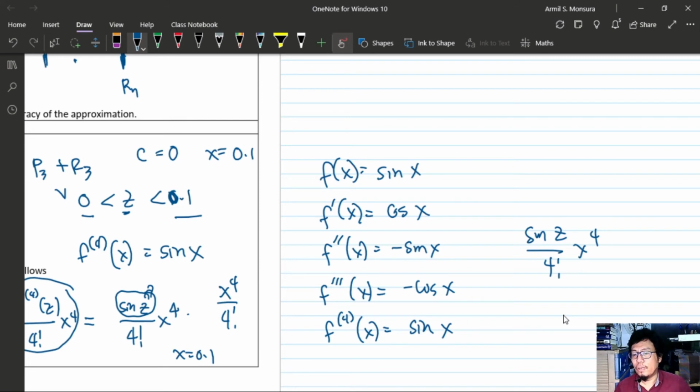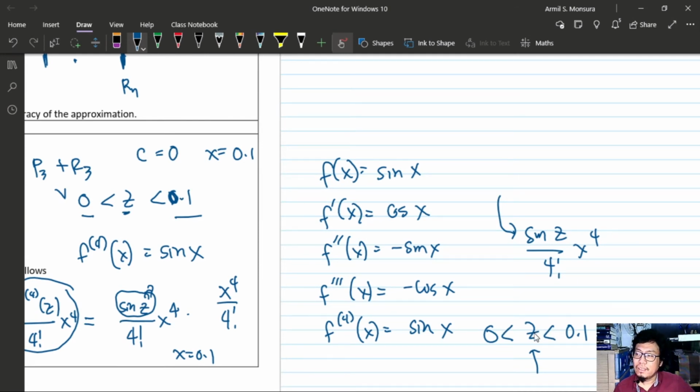Since z would be between 0 and 0.1, and we're not really sure of the exact value of z, and given that this is a sine function, we really don't know the behavior of sin z inside this interval. There is a certain value of sin z that would be maximum here.